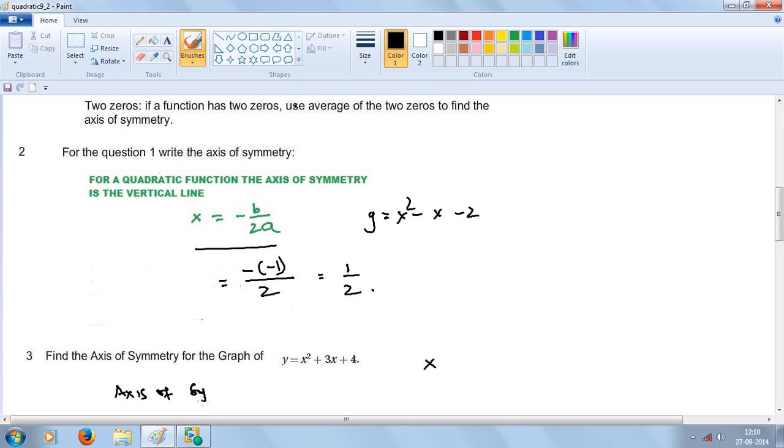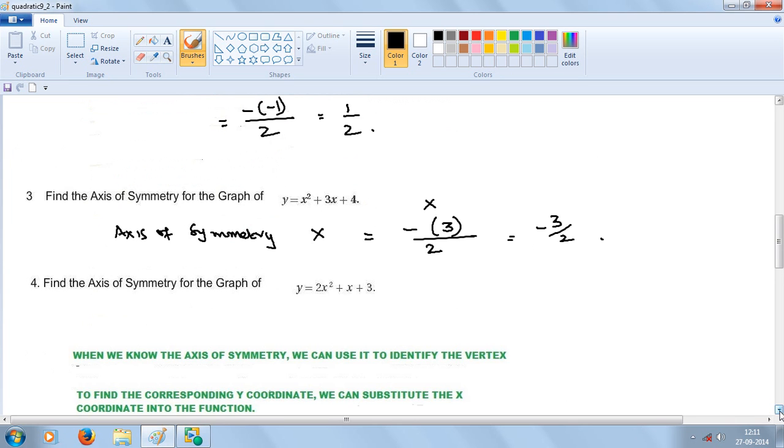For the axis, what is the equation parallel to the y-axis? x is equal to minus b divided by 2a. b is 3 here, so minus 3 divided by 2, and a is 1. So the equation is equal to minus 3 by 2. The axis of symmetry is equal to minus 3 by 2.